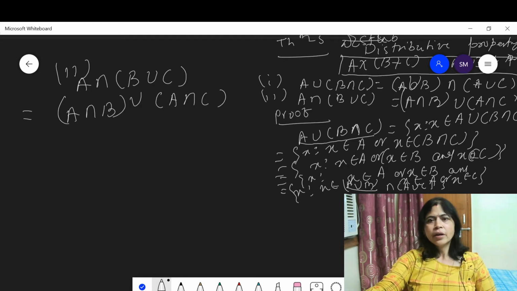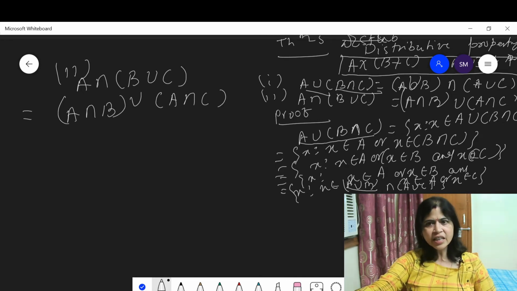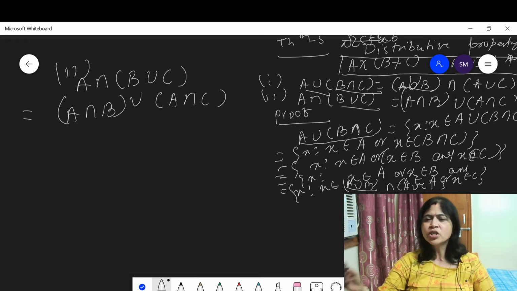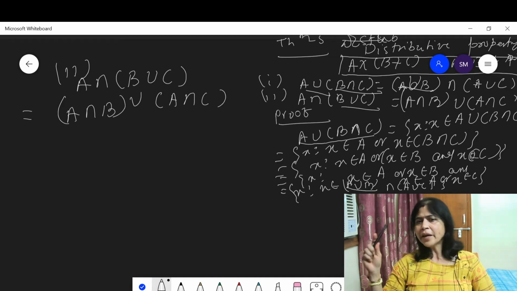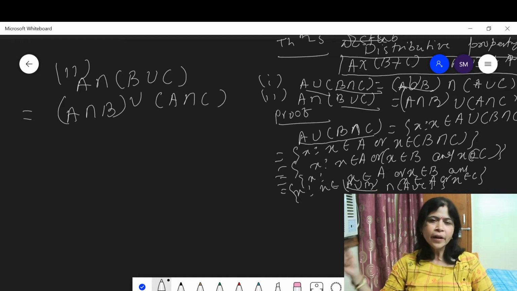Look here. In case of union, we proved A union (B intersection C) is equal to (A union B) intersection (A union C). In the same way for intersection, A intersection (B union C), students please don't be confused about union and intersection.